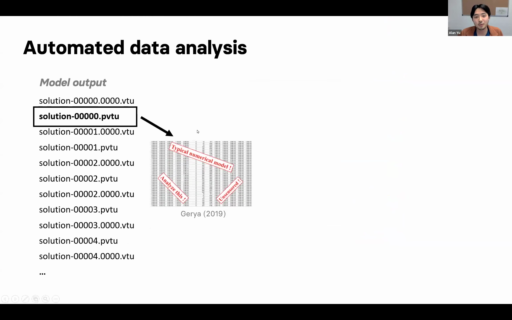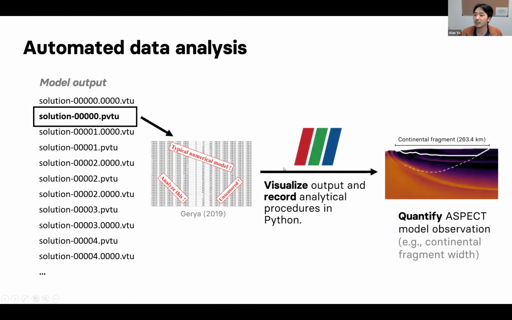So this is a typical model output of ASPECT. If you open it with Excel or just a text editor, it would just be a bunch of numbers of different variables. However, with ParaView, we can visualize this output and perform analytical procedures. Here, we want to look at the width of the continental fragment.